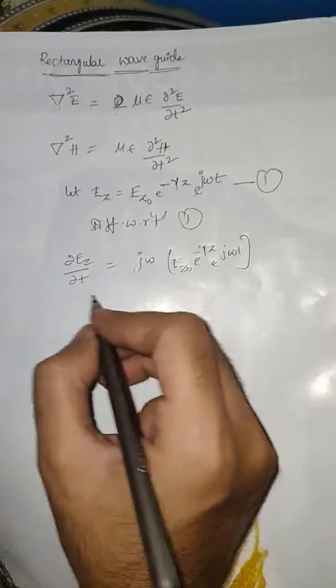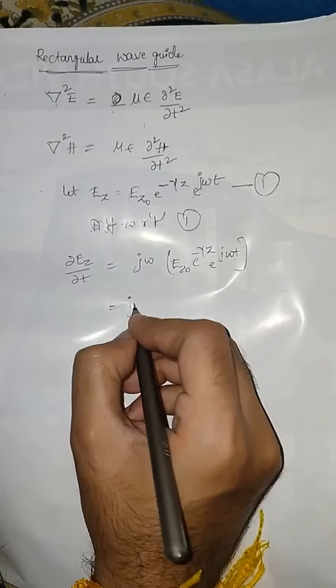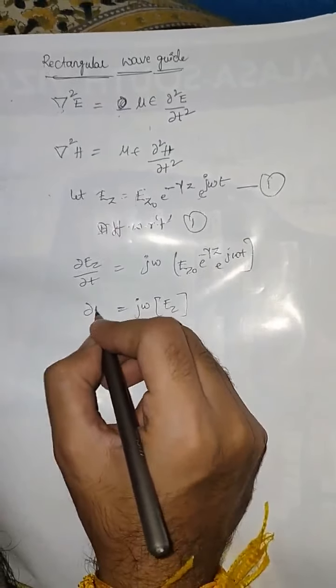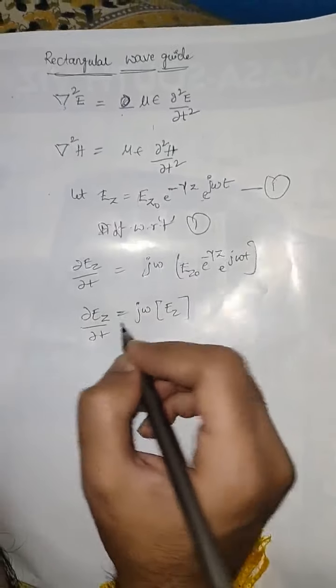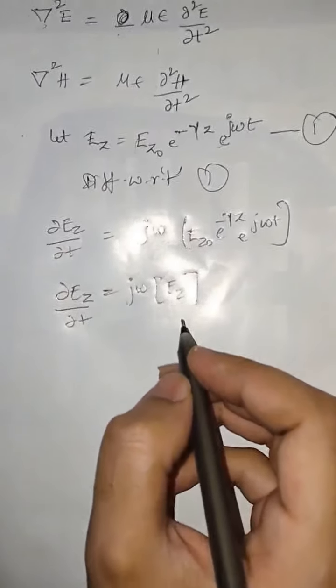This j omega multiplied with this is nothing but Ez. So dou Ez by dou t is j omega Ez.